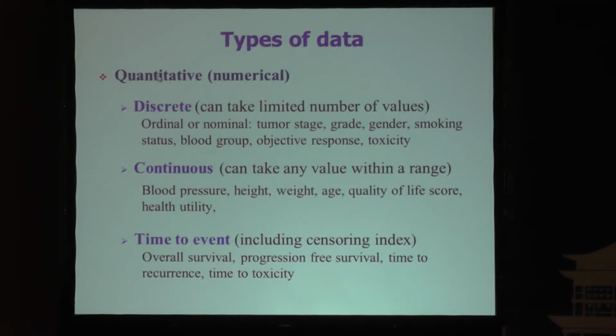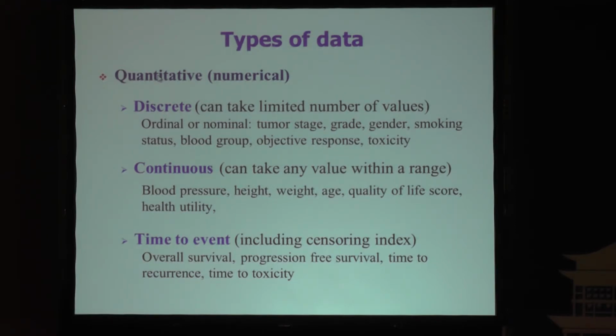Then let's deal with the specific type of data. So here I give a very, very simplified case for discrete variable, which is either ordinal or nominal. Continuous variable, I guess we encounter the most. Blood pressure, height, weight, BMI, age, quality of life, all these are the continuous measures. And then time to event outcomes.